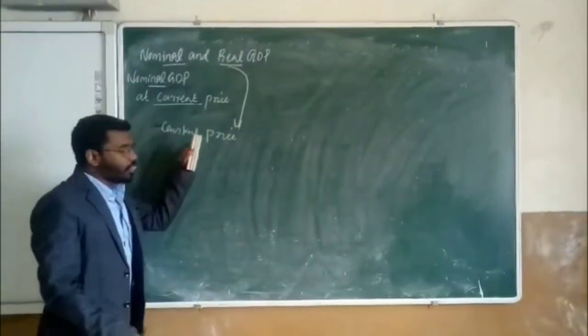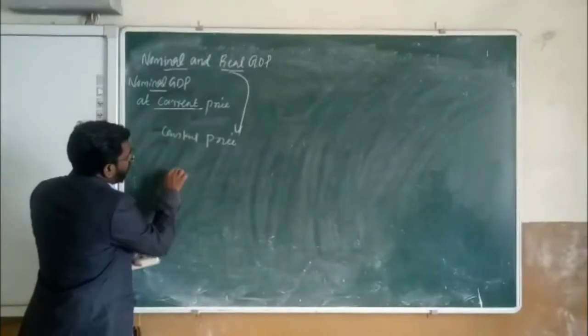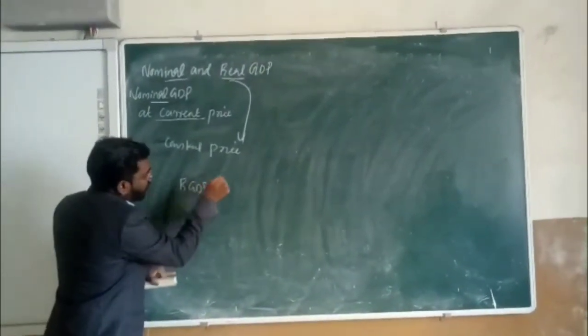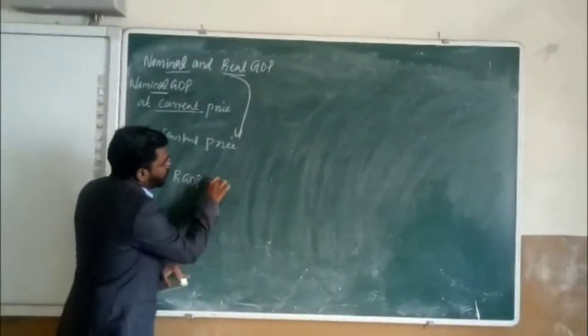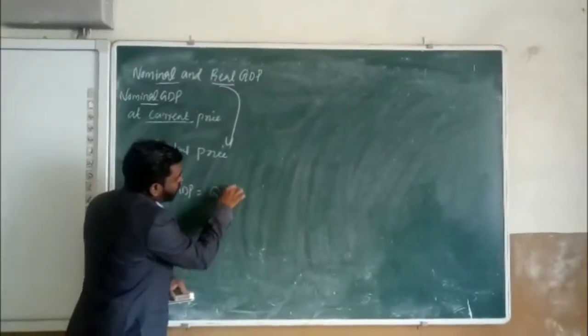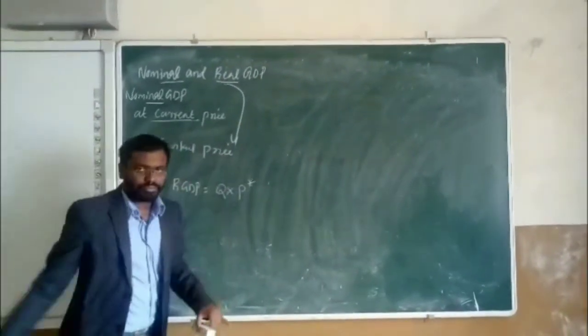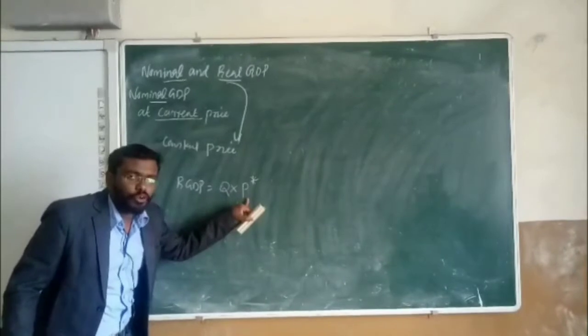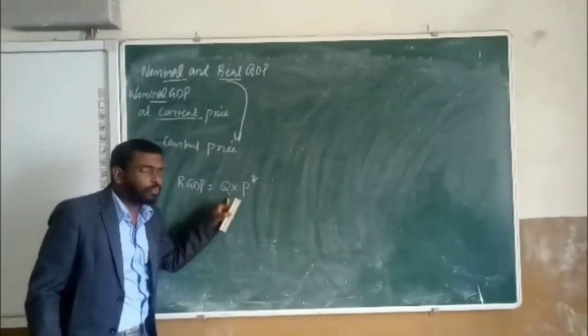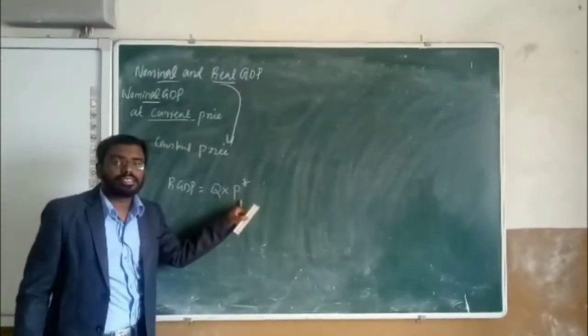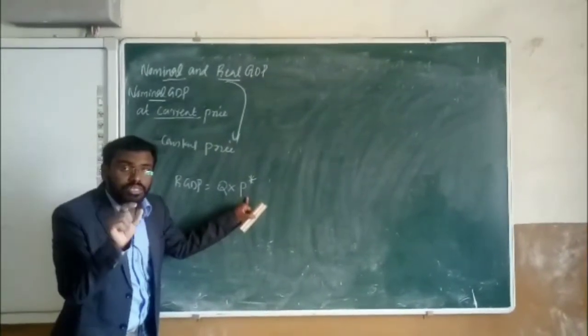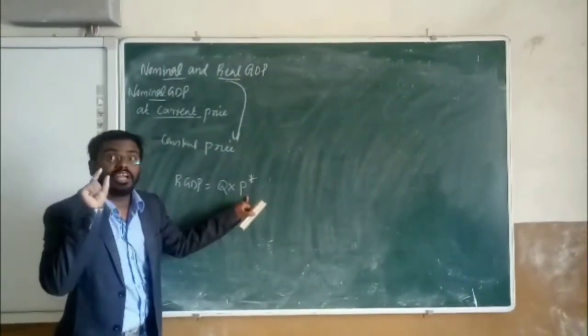In the case of real GDP, we can calculate it by using the formula Q into P star. Q is the number of output and P star is the constant price or base year price.